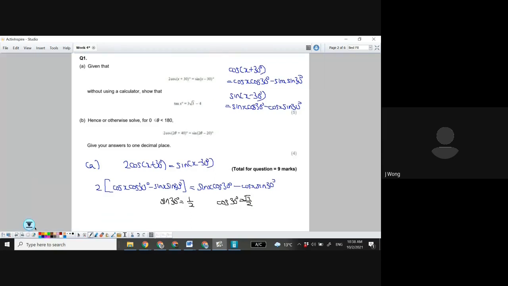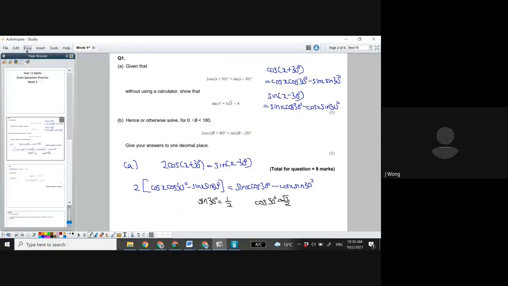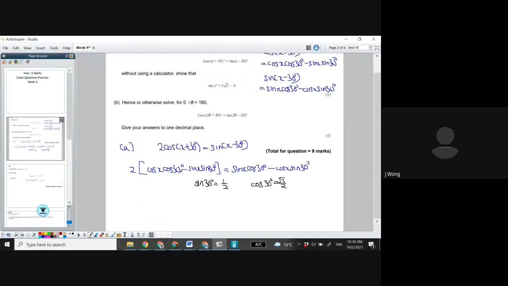So one second, let me just get my page extender on. Now, carry on. You just open up the brackets. So you will have 2 cos x cos 30 minus 2 sine x sine 30 equals sine x cos 30 degrees minus cos x sine 30 degrees.